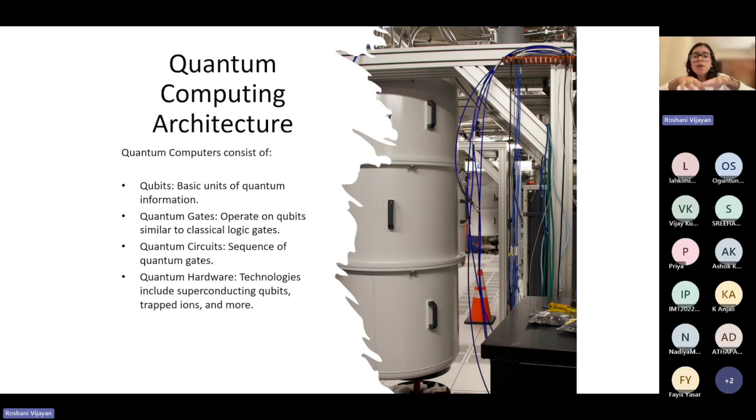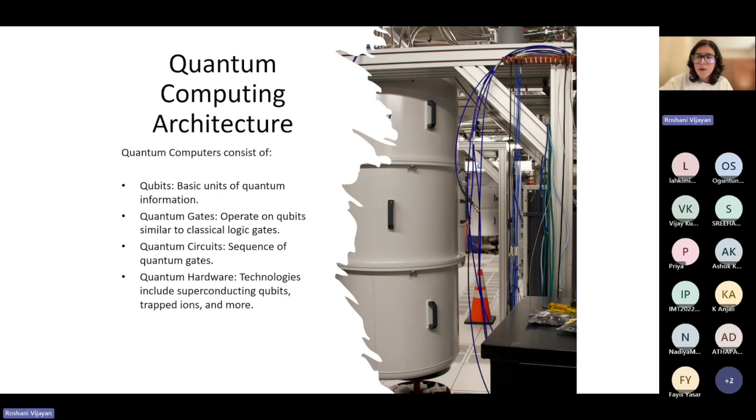But if we go more in depth into the structure of how it works, it's really similar to a classical computer. The only difference is that in a classical computer, you have bits. The very fundamental of a computer is zeros and ones. Those bits, over here, instead of being zeros and ones, are qubits. Those qubits form quantum gates. In a classical computer, you have gates like AND gate, OR gate, NOT gate.